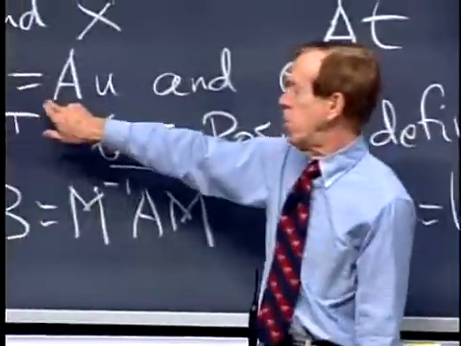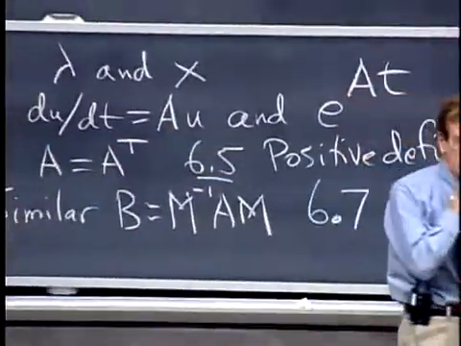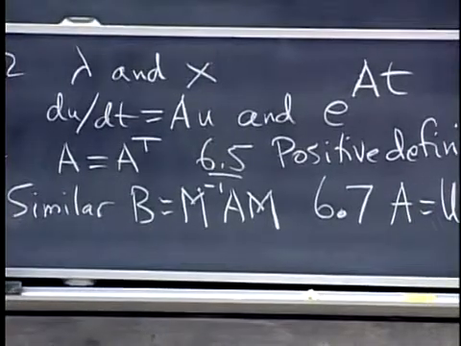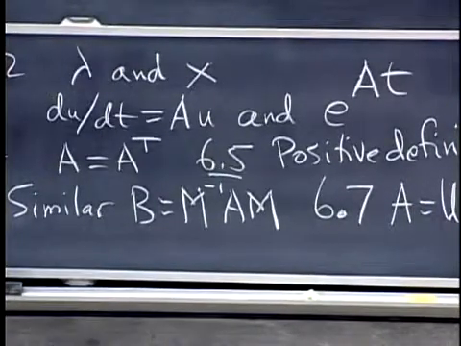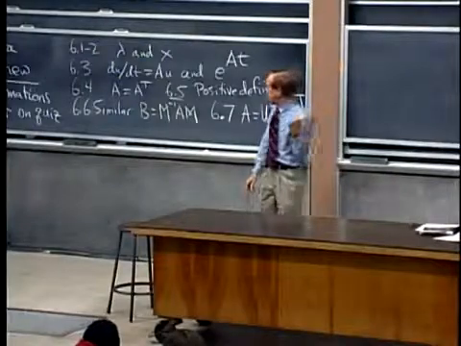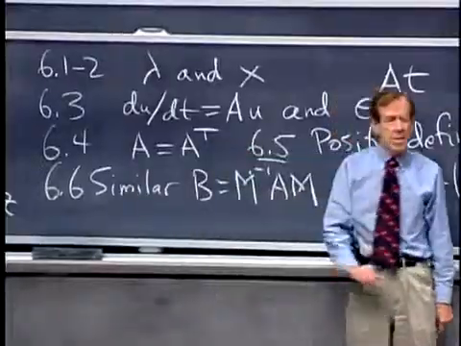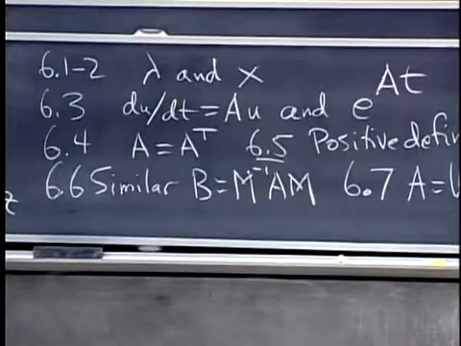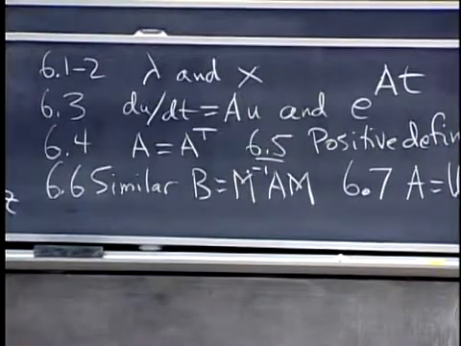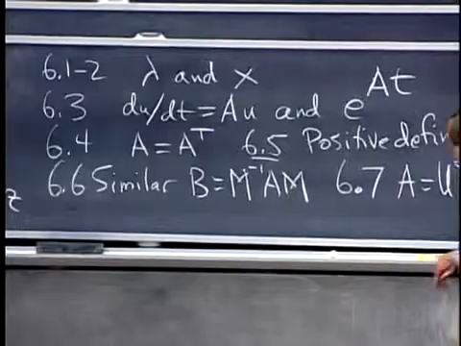Okay, then the new stuff starts out with a differential equation. So I'll do a differential equation problem first. Then, what's special about symmetric matrices? Can we just say that in words? I better write it down, though.